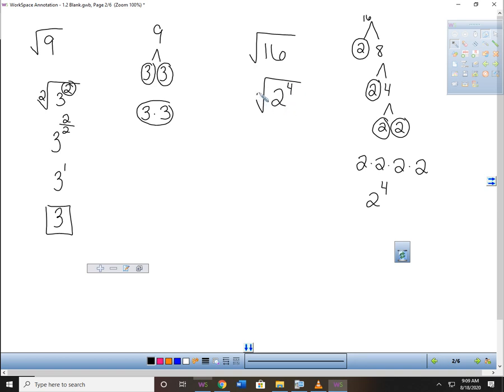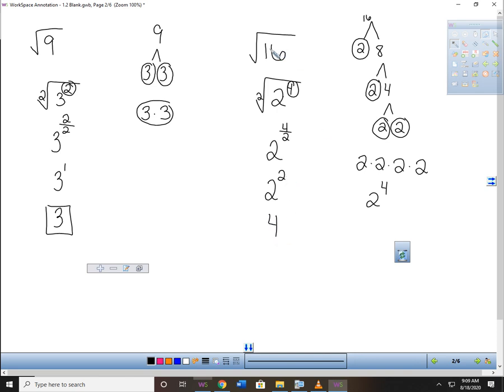Since I have this little 2 out here, I can rewrite this as 2 to the 4 divided by 2. What is 4 divided by 2? It is 2. And 2 to the second power is 4.